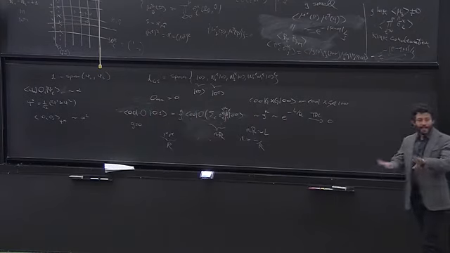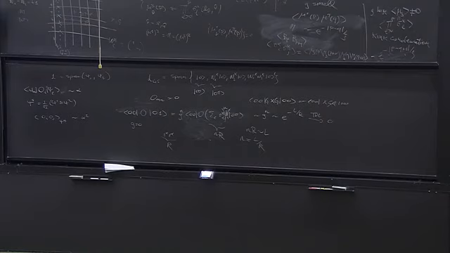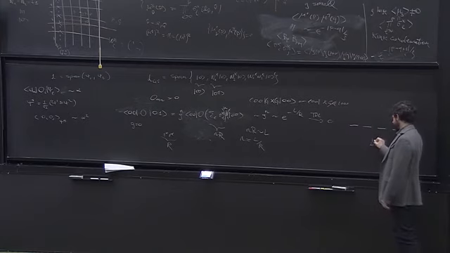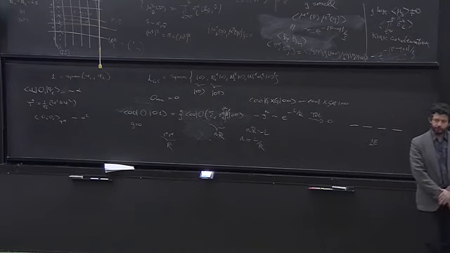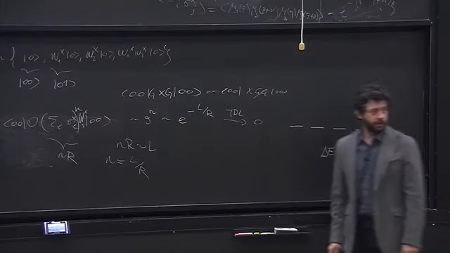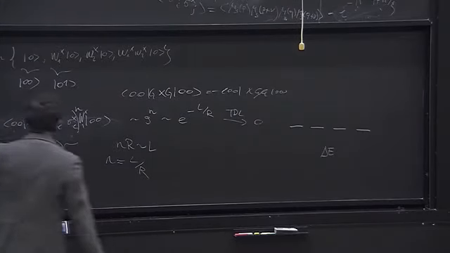So they live alone. By the same token, they are degenerate, right? So it means that the difference in energy is 0. However, when I add the perturbation, they may split. But this is the same argument, because the degenerate perturbation theory works in the same way.